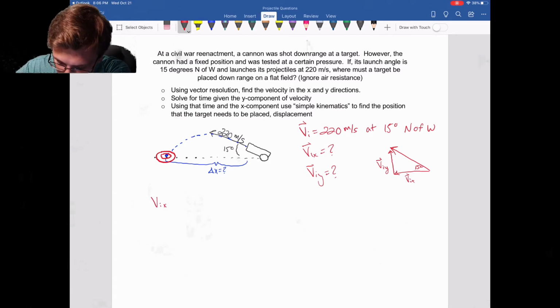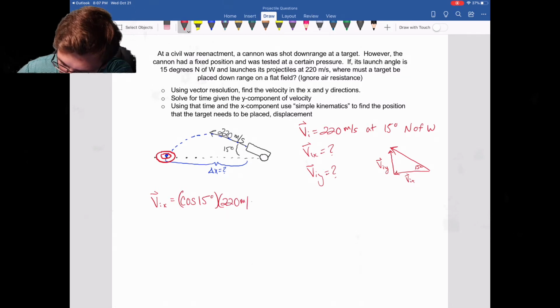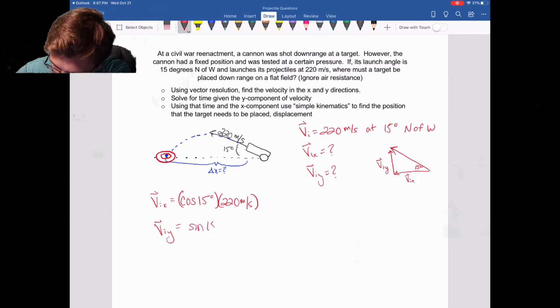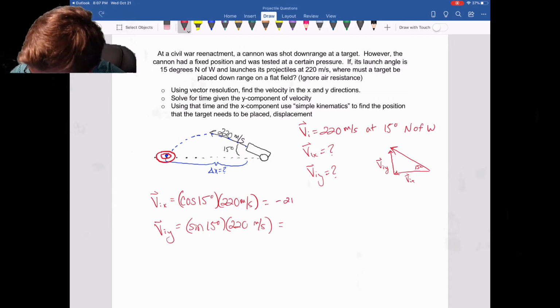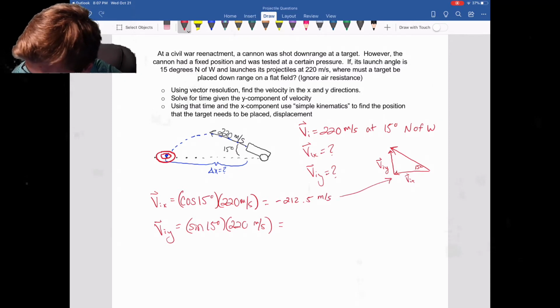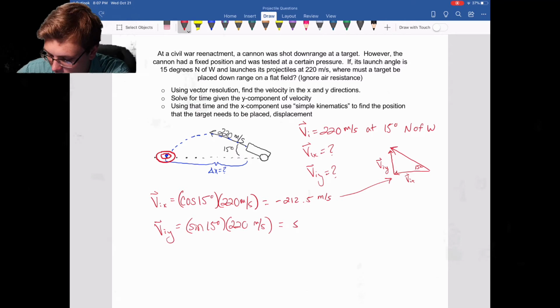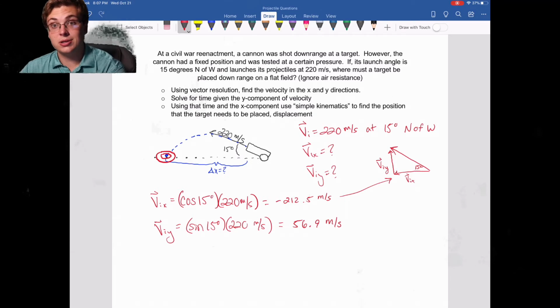So Vix equals cosine 15 degrees times 220 meters per second. Viy equals sine of 15 degrees times 220 meters per second. That's going to give us negative 212.5 meters per second, because it's to the left, so negative. And I'm also going to get 56.9 meters per second. Hopefully that's what you got too.